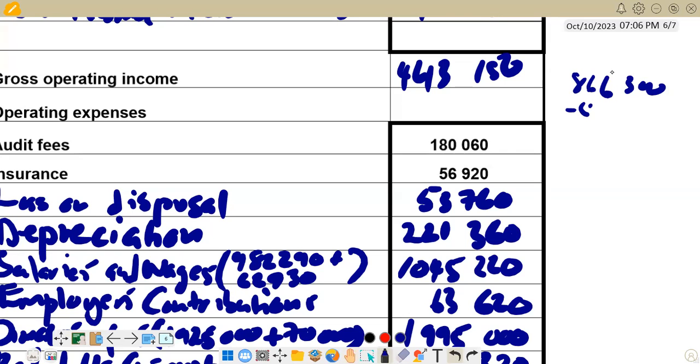We subtract it from 4,613,150 for gross operating income.